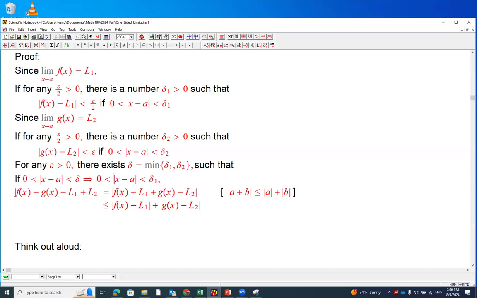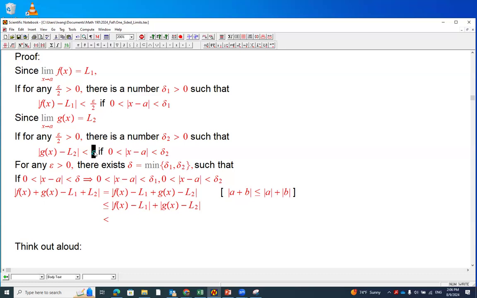So this is true and this is true because delta is smaller than the two. All right, so these two would apply, and we already demonstrated that when these are satisfied, less than delta 1, then this is going to be less than half of epsilon.